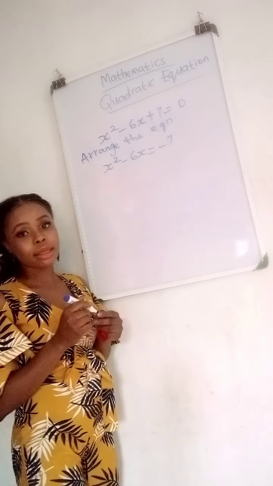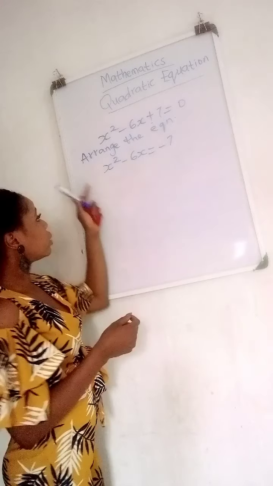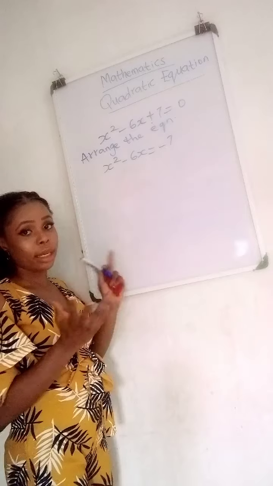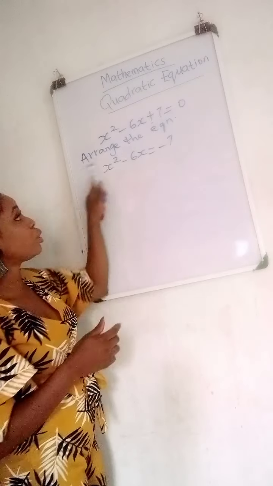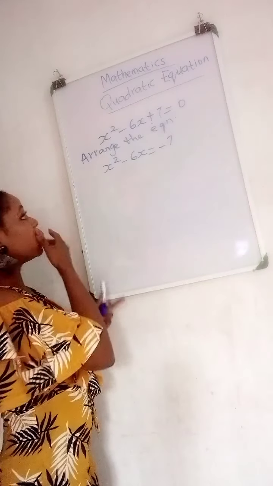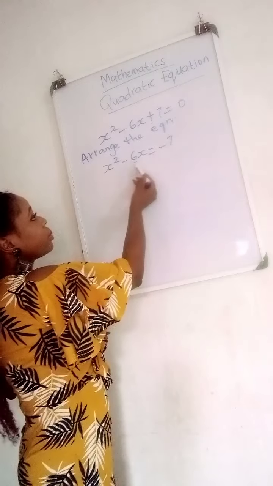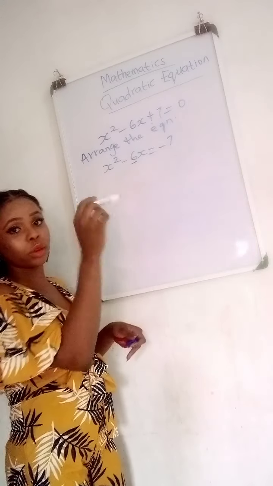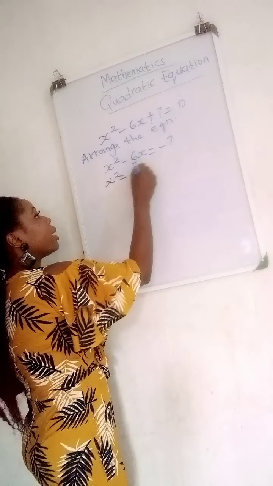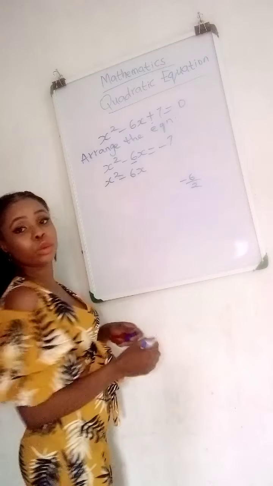Okay, now the next thing to check is if this x squared has a coefficient of unity. Of course there is 1 here, and you don't need to divide all through by any coefficient, because even if you divide through by 1, you still get back your equation. So we'll move to the next step, which is getting half of this and squaring. Which is x squared minus 6x, half of this, minus 6 over 2.